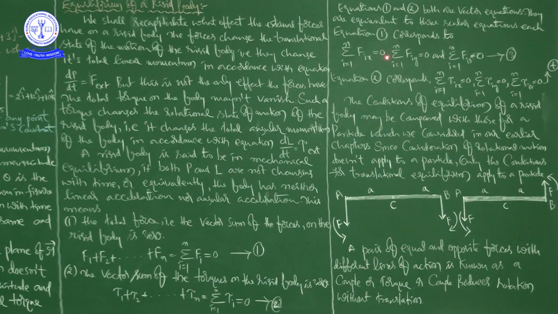You can write like this. Equation 1 corresponds to, in terms of the 3 axes, x, y and z: sigma i equals 1 to n, F_ix is equal to 0; sigma i equals 1 to n, F_iy is equal to 0, the component along the y axis; and similarly for the z axis.